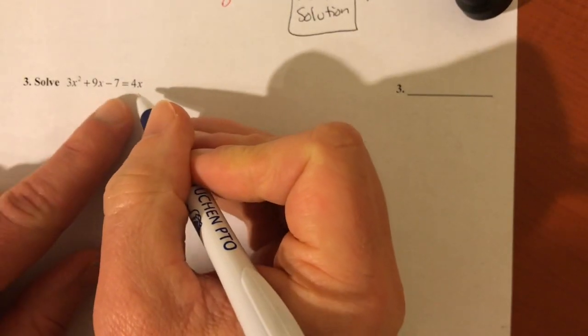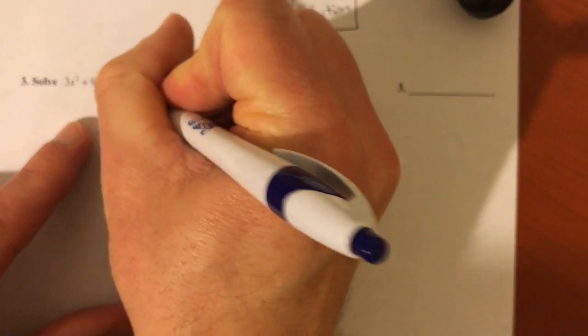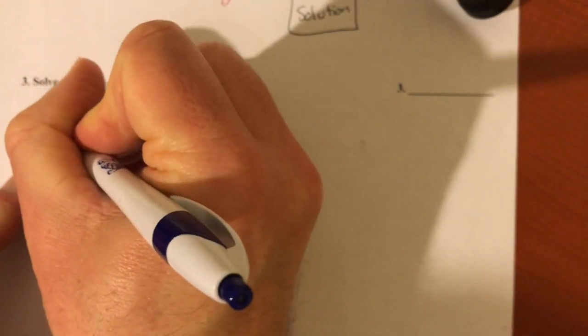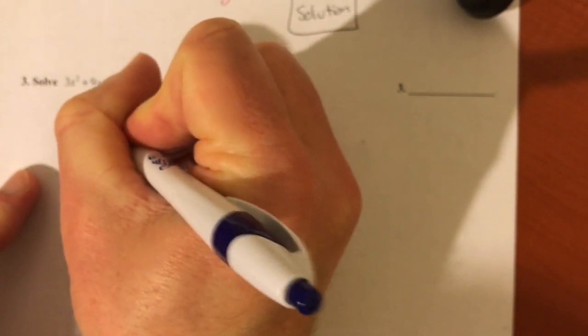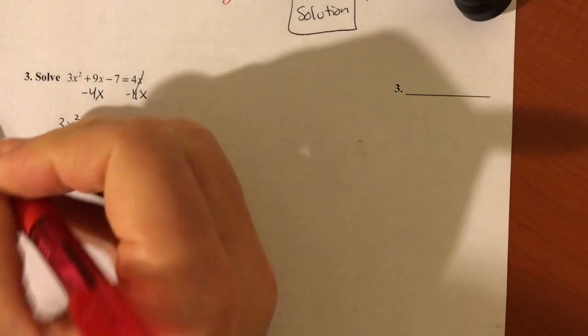Another quadratic, not equal to 0, so bring everything to one side. So I'm going to subtract 4x. And now I'll have 3x squared plus 5x minus 7 equals 0. Okay.